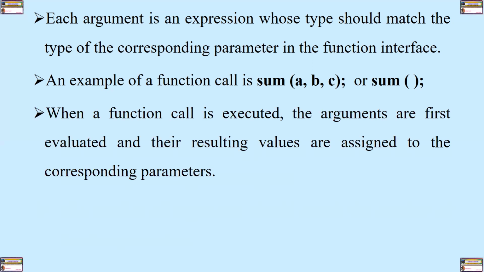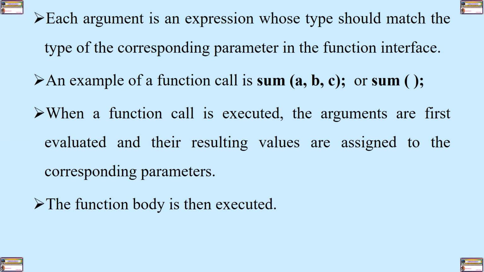When a function call is executed, like sum(A, B, C); the arguments are first evaluated. And in this case, our arguments are A, B, C. And their resulting values are assigned to the corresponding parameters. Remember, every argument must match with its parameter in the receiving function.